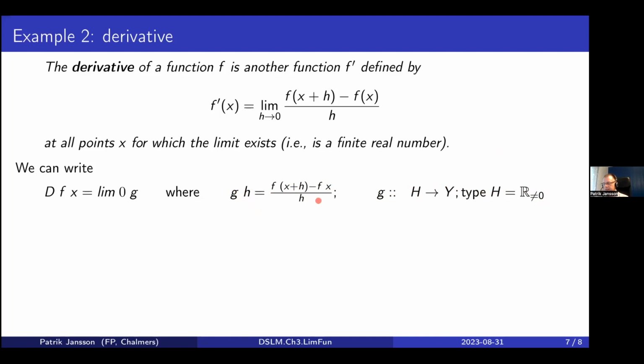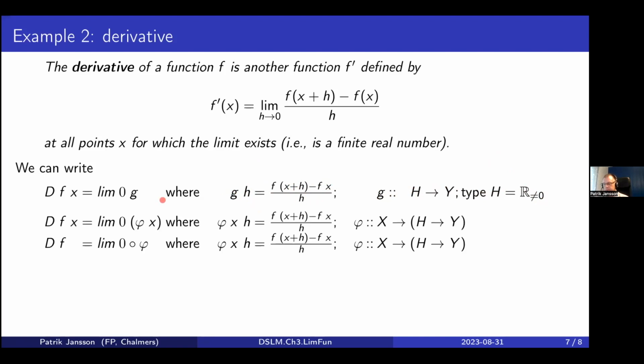So let's add x as an argument. And if you look at the first line here, where it before said g, it now says phi of x. So I just defined phi such that phi of x is the previous g.